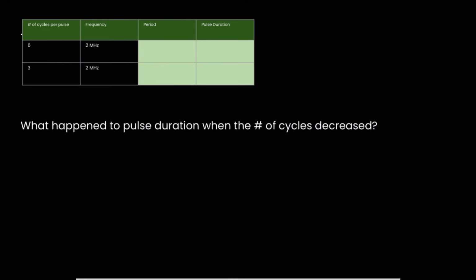To figure out the period, we need to take the reciprocal of the frequency, and that will give us the period. So 1 divided by 2 megahertz gives us a period of 0.5 microseconds. So we can put in 0.5 microseconds in our period column. Next, we are going to use either the frequency or the period to figure out pulse duration.